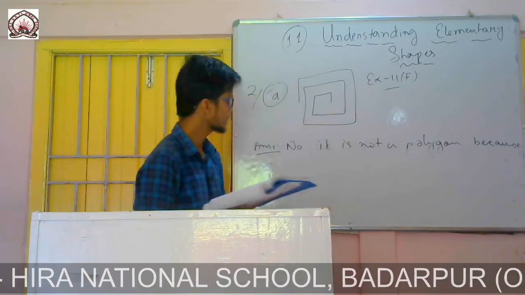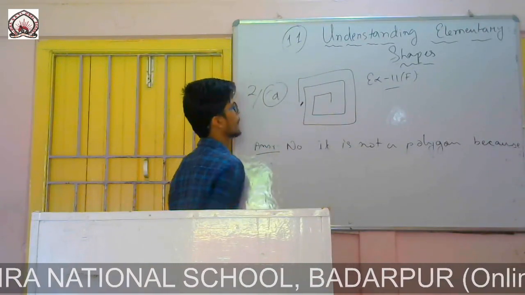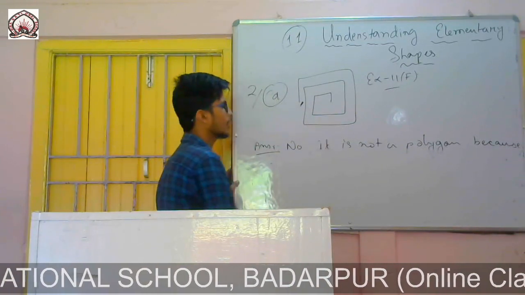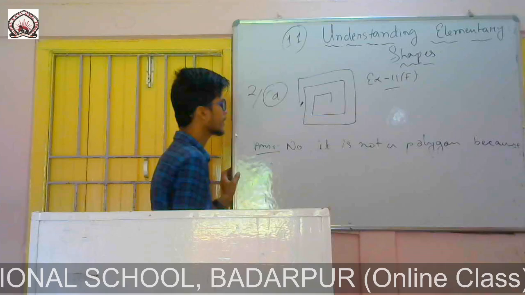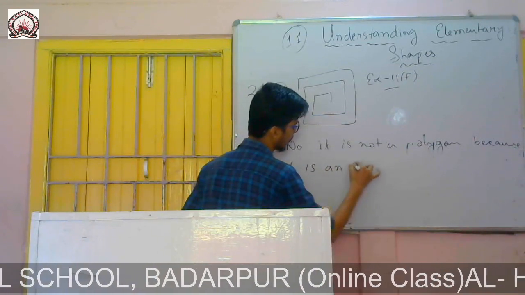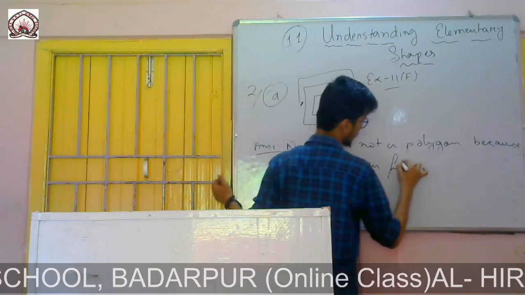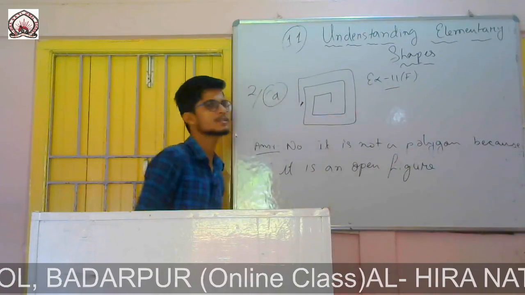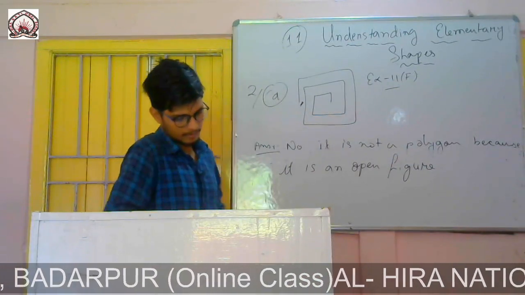This side is open, and this side also is open. That means no, it is not a polygon because it is an open figure. No, it is not a polygon because it is an open figure.